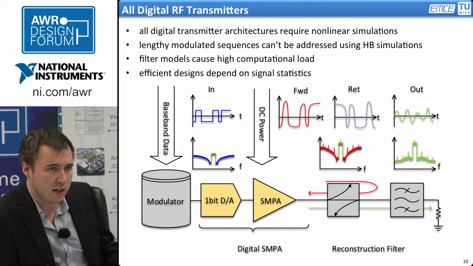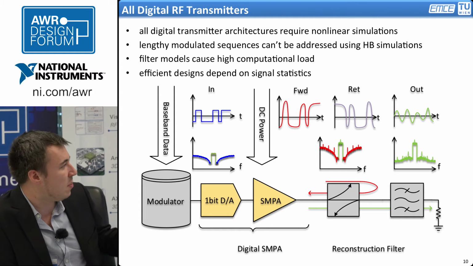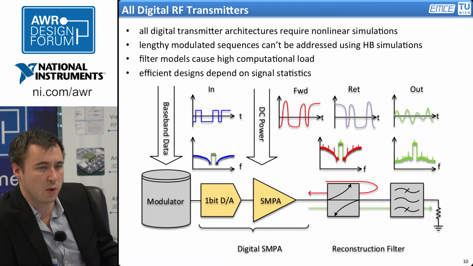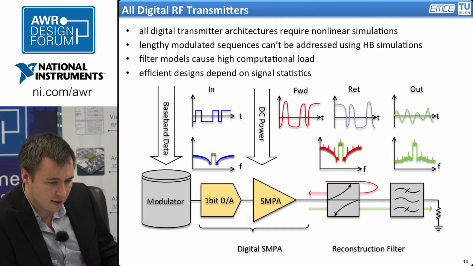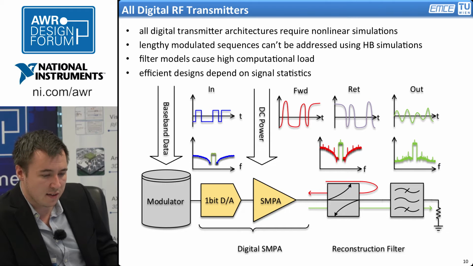On the other hand, the modulation sequence in order to depict one of these LTE frames is very lengthy. We're talking here about millions of bits. And of course, we need to operate on a certain oversampling rate in order to capture the form of the pulses. So this makes for very many sampling points.